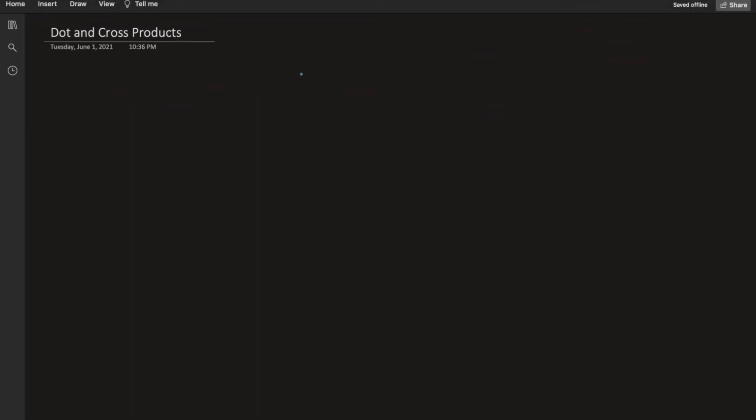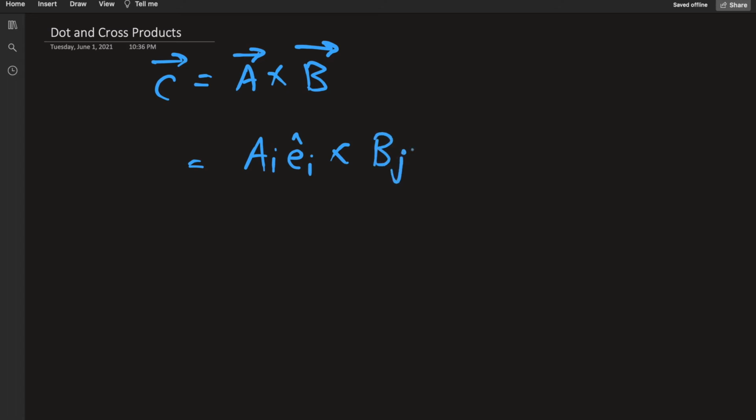Okay, so now let's deal with the case of the cross product. We have three vectors. C is the result of vector A crossed with the vector B. Now let's just expand it out. Summation a_i e_i hat crossed, again use different indices, b_j e_j hat.